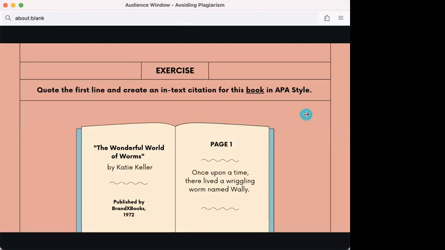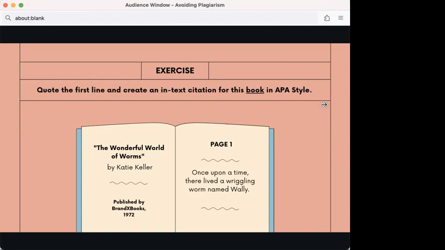I want you to conduct an exercise. Please try to make an in-text quotation. Go to the book.